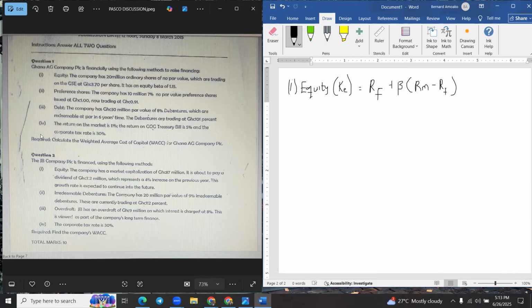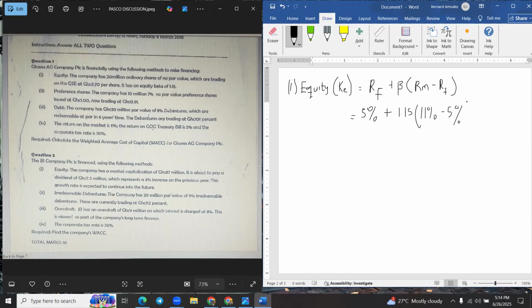According to our question, the market return is 11% and the risk-free is 5%. So we substitute: 5% for risk-free, the Treasury bill is the same as risk-free, plus beta, which was 1.15, multiplying the return, 11% minus 5%.